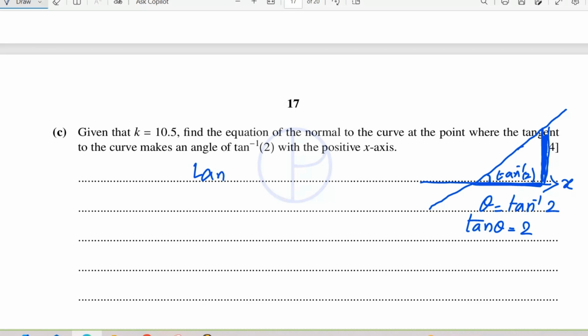Y over x is nothing but the gradient. So we know the gradient dy by dx is 2k divided by square root of 4x plus 1 minus 1.